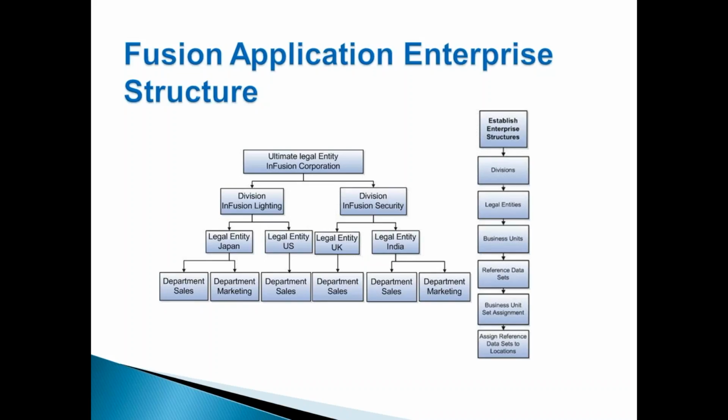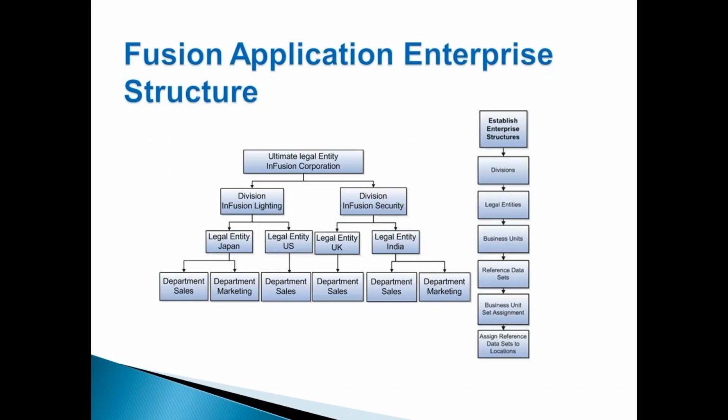Under legal entities, you would have your business units. For instance, if you are in retail, you would have a retail business unit. Let's take a common understanding example, the Tata Group.